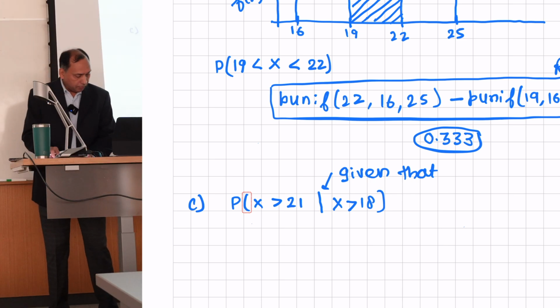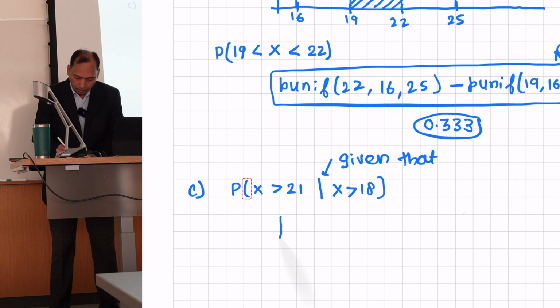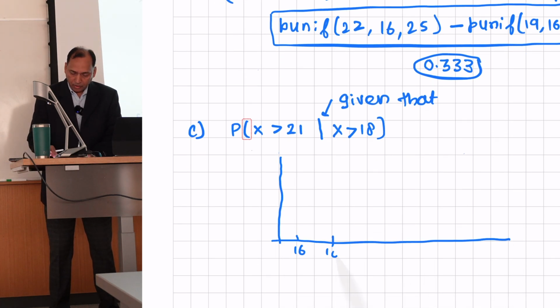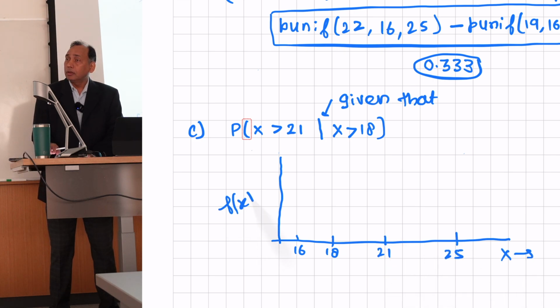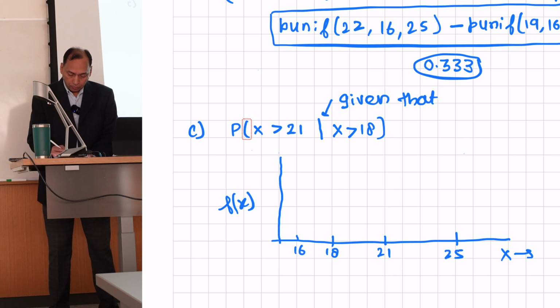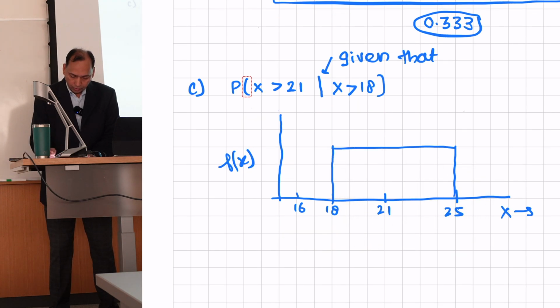What we do here is our picture changes slightly. Earlier the value started from 16 and went up to 25. Now if we are given that it is more than 18, then the values below 18 become 0. So now we start at 18 and go up to 25.